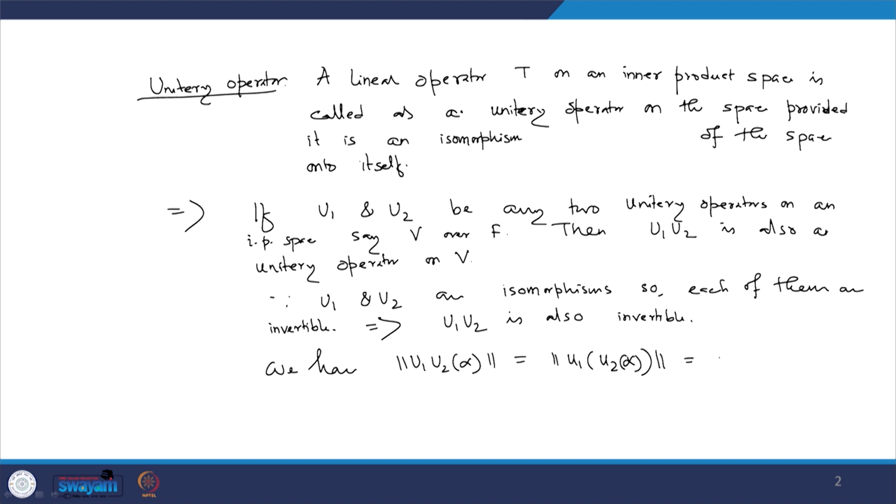This is equal to norm of U2 of alpha, which is equal to norm of alpha, because U1 and U2 preserve norms.